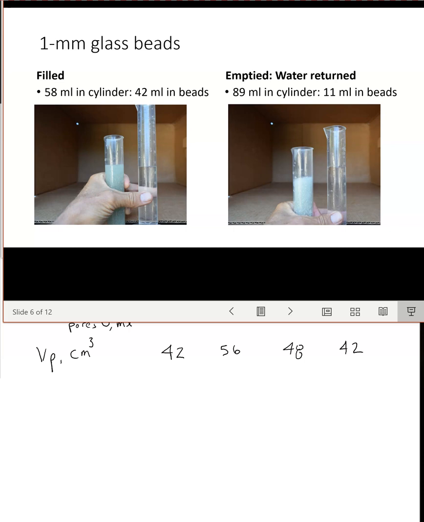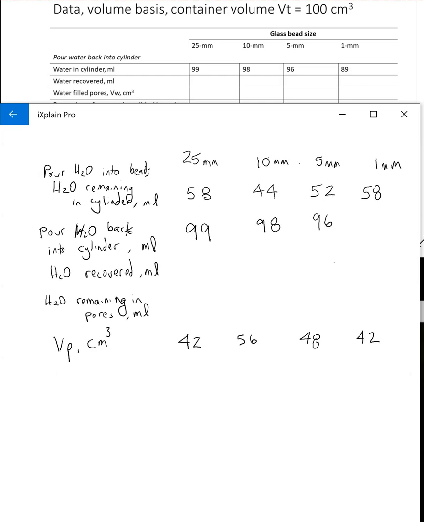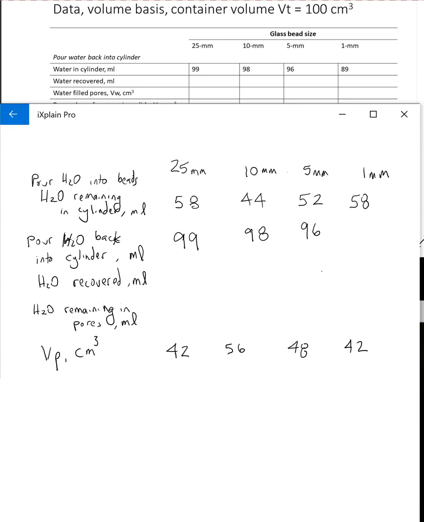So let's look more at the calculations that we need to do when we're going back in this direction. So first, there were 58 milliliters of water remaining in the cylinder when I poured water into the 25 millimeter beads. Now when I poured the water back from the beads into the graduated cylinder, I have 99 mils of water here, 98 in this case, 96 in this case, and 89 in this case.